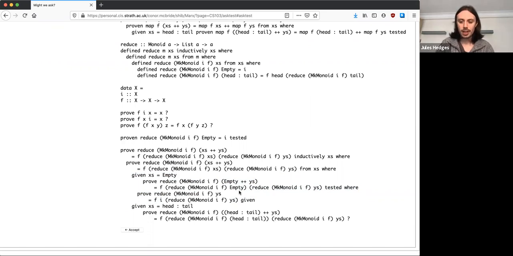Now onto the inductive step. So here I can say tested and it will simplify this.